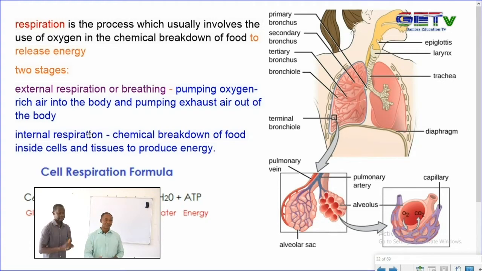Now, we have the cellular respiration formula. You need to know, most importantly, the word formula, which is glucose plus oxygen producing carbon dioxide plus water and energy.